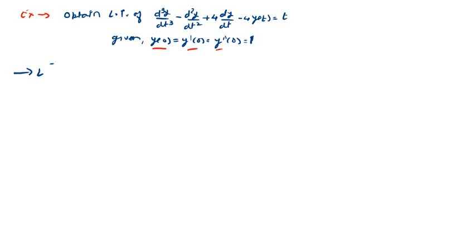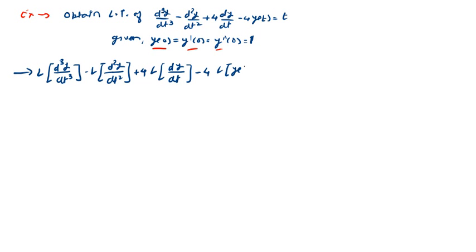This will be Laplace of d3y by dt cube minus Laplace of d2y by dt square plus 4 times Laplace of dy by dt minus 4 L of y of t. Taking Laplace on both sides, this will be Laplace of t.